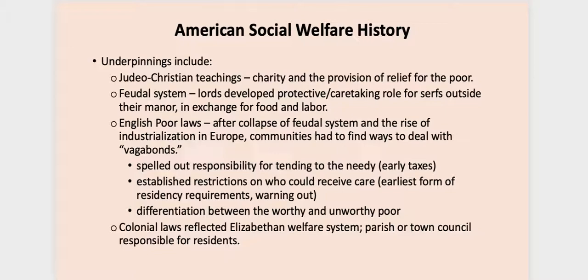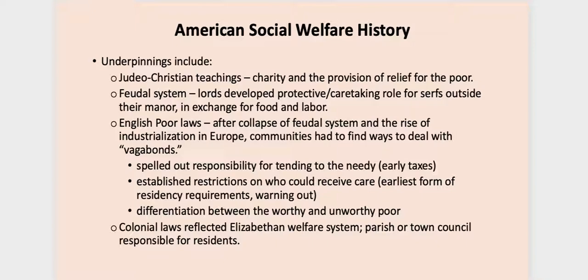In exchange for that protection, they farmed and did their crafts and different kinds of things, and provided the wealthy people with the fruits of their labor. They were farming on lands owned by the lords, but also received protection in exchange for that.